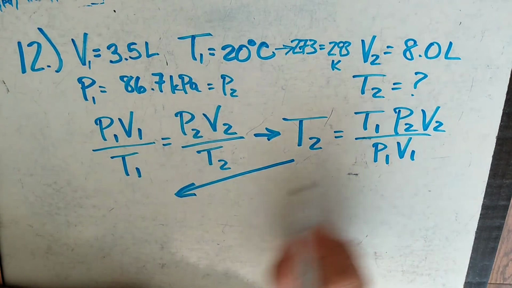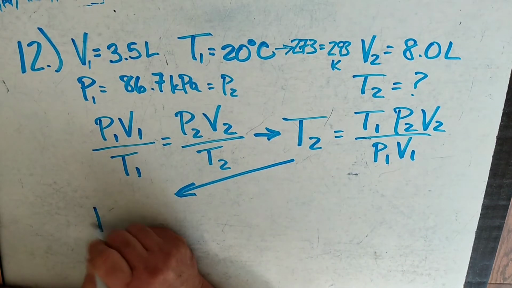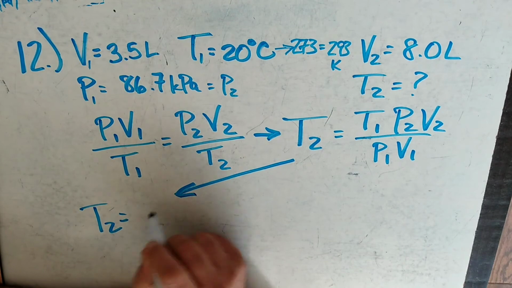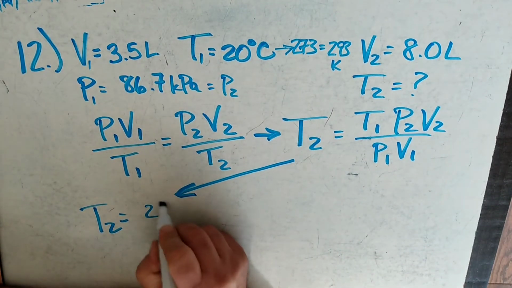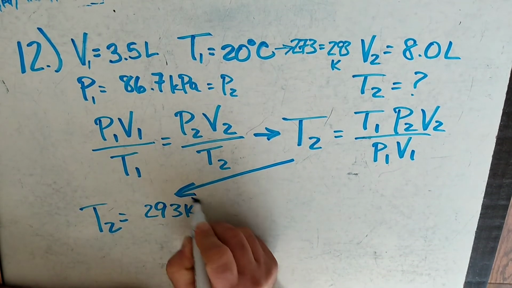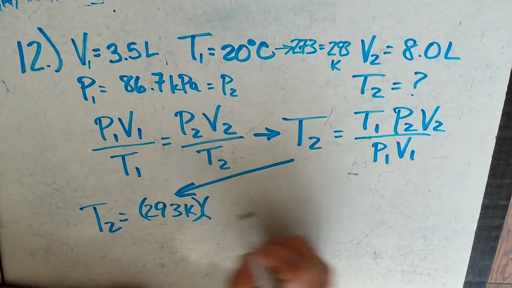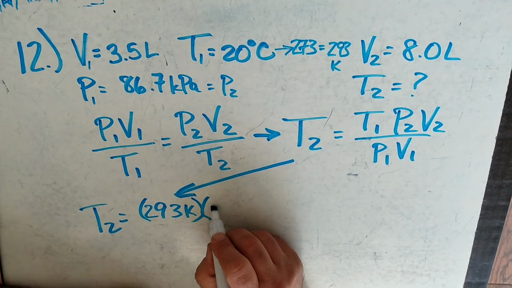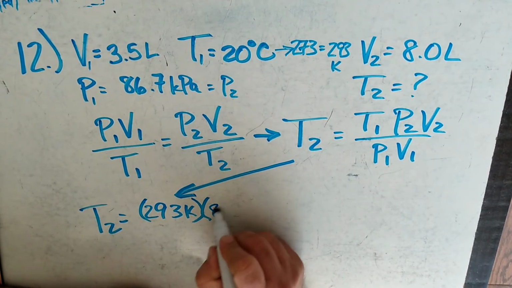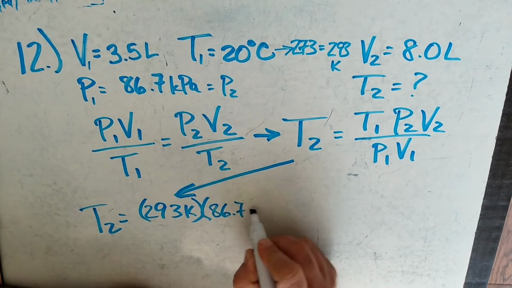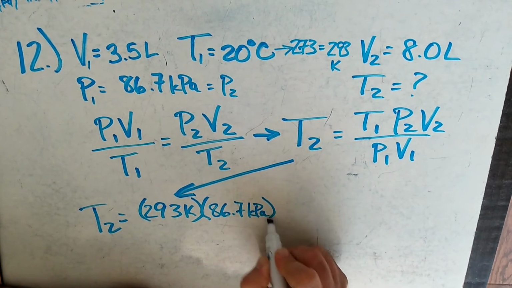So we'll bring that down over here. Our T2 equals T1. Our T1 was 293 Kelvin. And our P2 was exactly the same, 86.7 kilopascals.